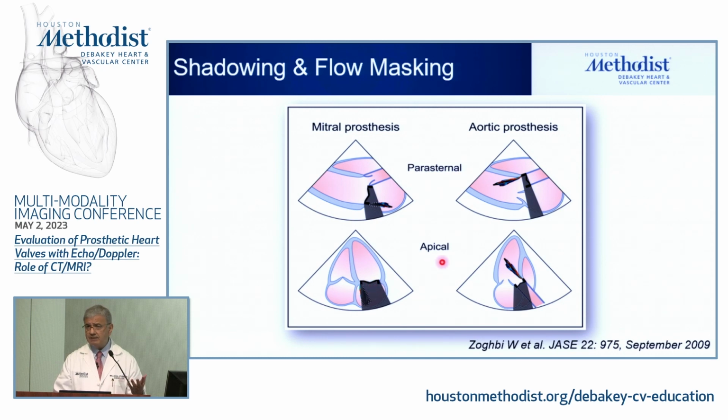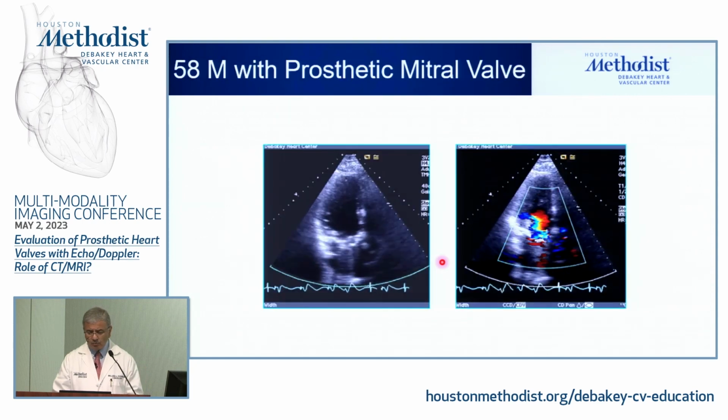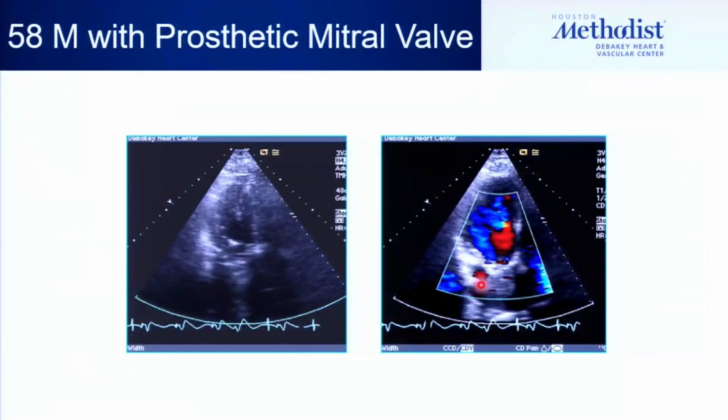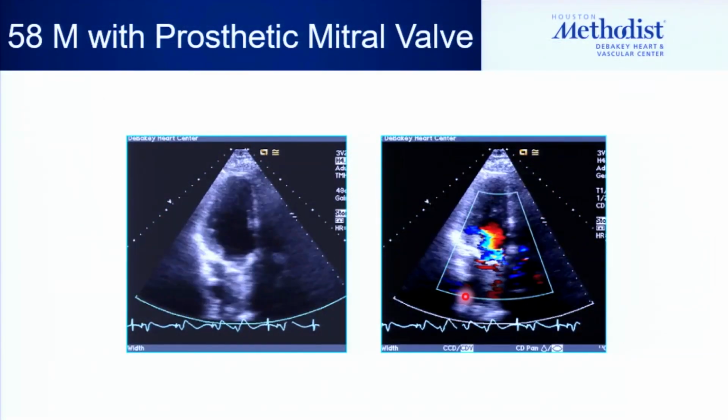You're hiding visualization. If I hide visualization on 2D, I will do the same thing for the Doppler equation, which is solving the frequency shift of what happened. I always show this case. You could see the reverberations in the atrium of this prosthetic valve. You tell me how bad the regurgitation is. I may see something here.